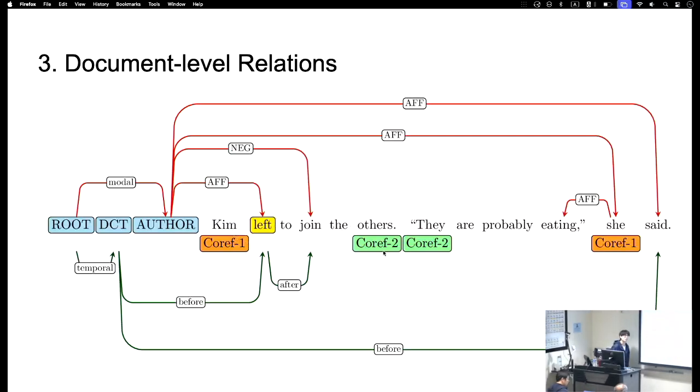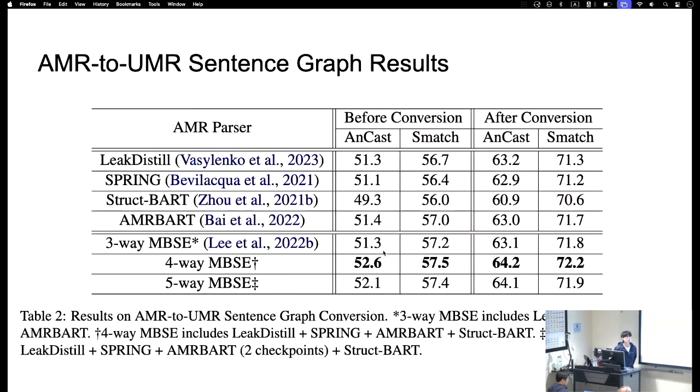Sorry, can I ask a question on the previous slide? The results are for the sentence and document level together? This is only for the sentence level.